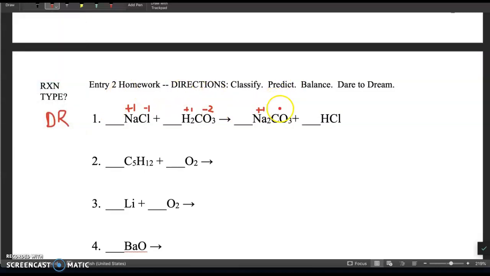And carbonate from this side is going to be a -2. Now to crisscross those, the 2 goes down to this side right here, and the 1 goes there to the carbonate, so I still have 1 carbonate. H and Cl are both 1s, so those things cancel out, just giving me HCl. Now to balance, I would need a 2 here, and a 2 there. That gives me 2 H's, 2 H's, 2 Na's, 2 Na's, 2 Cl's, 2 Cl's. Remember, these blanks are 1.